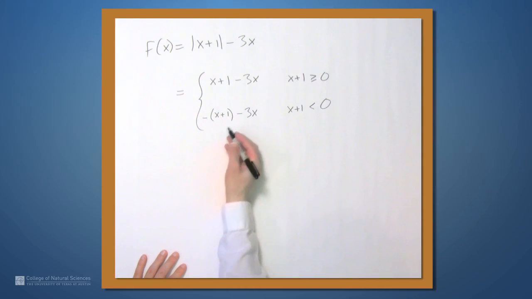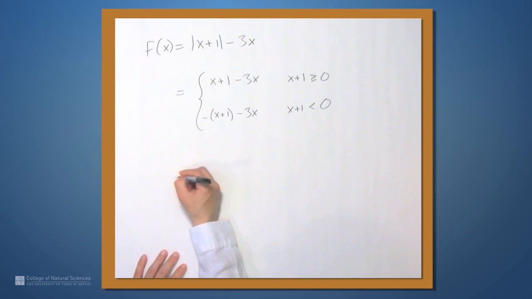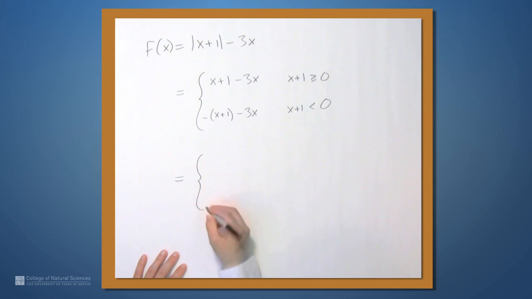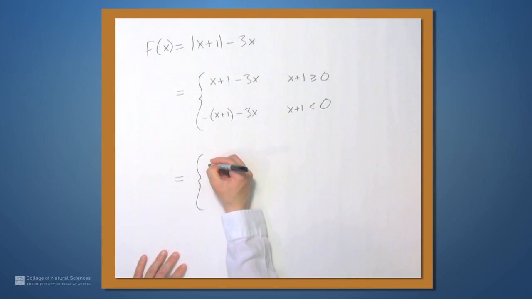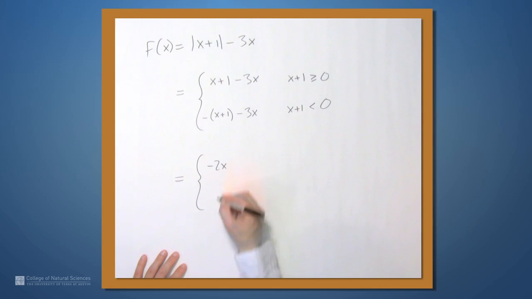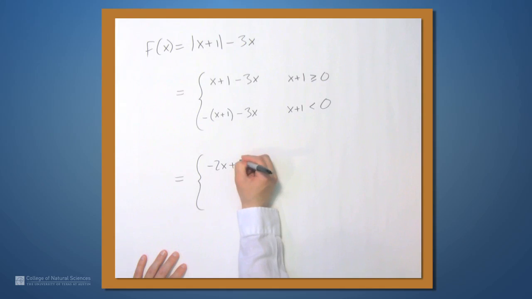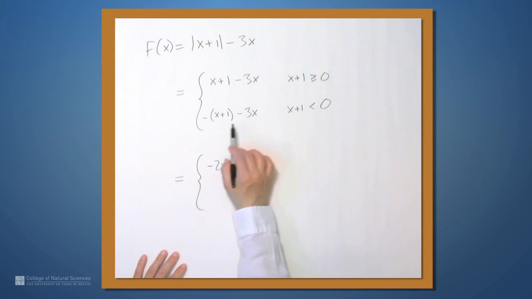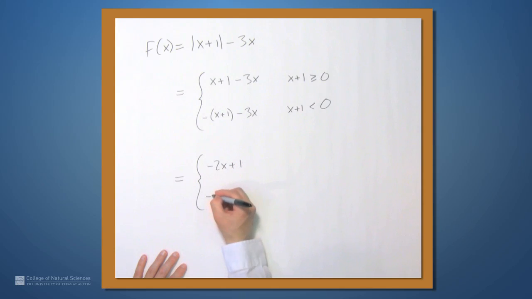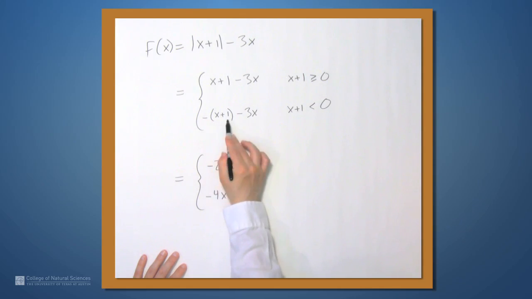So now we're done except for some simplification. In this first case, we have x minus 3x, so that gives us minus 2x, and then plus this 1. Second case, we have minus x minus 3x, so we get minus 4x minus 1.